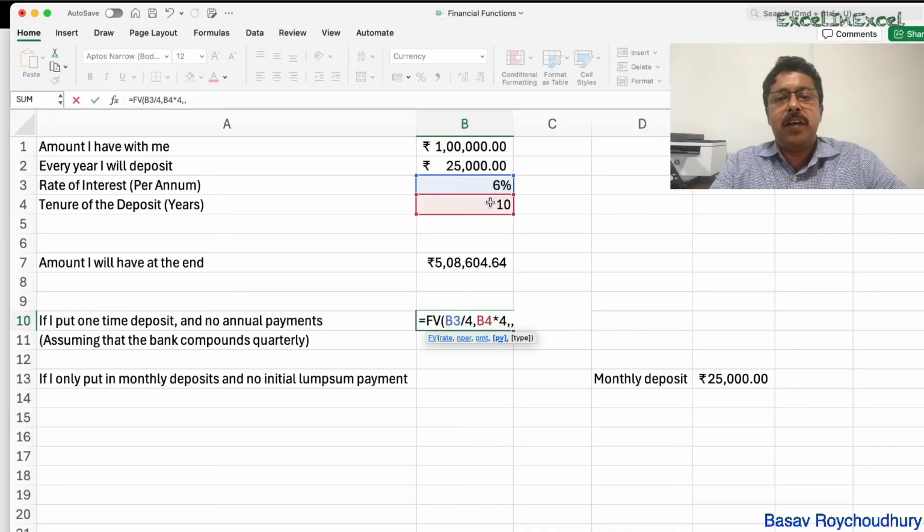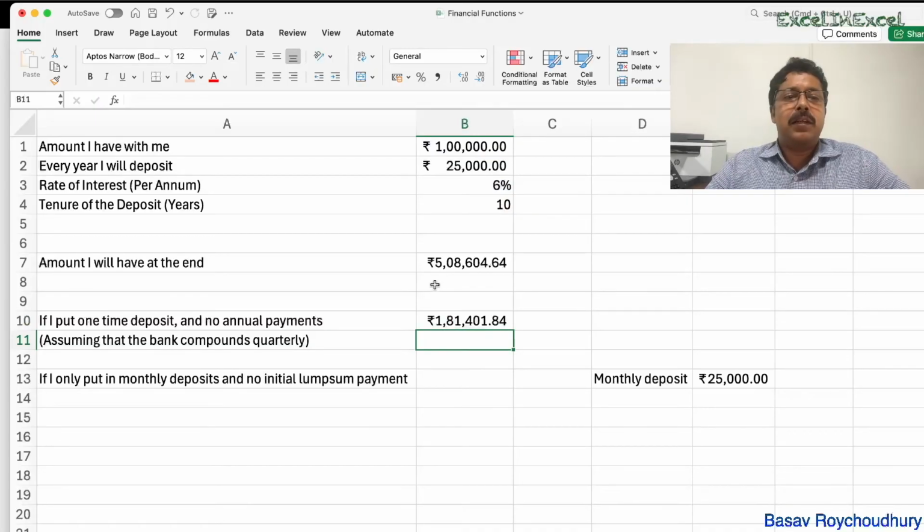That means I haven't given any PMT. So this extra comma becomes a placeholder to tell Excel that no value of PMT has been given. And the PV is 1 lakh, which I am giving to the bank today, and therefore it's negative. And that's the amount that I will get at the end of 10 years for a deposit of 1 lakh at 6% interest rate compounded quarterly, which typically a fixed deposit does.